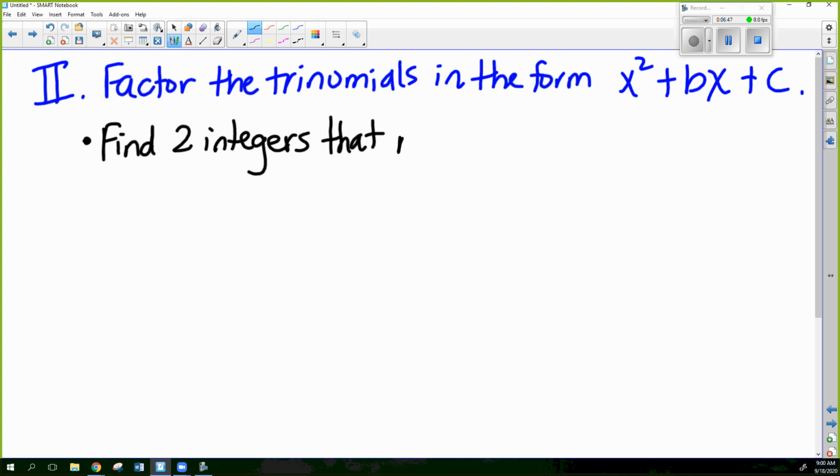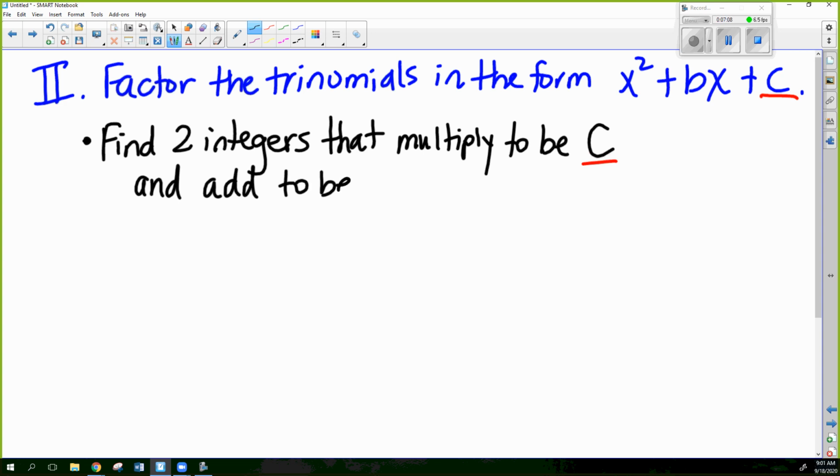Two integers that multiply to be c, and I'm talking about the number at the end there, and add to be b. b is the number in the middle. So you have to find two numbers that multiply to be the last one and add to be the middle one. Are we okay with that?